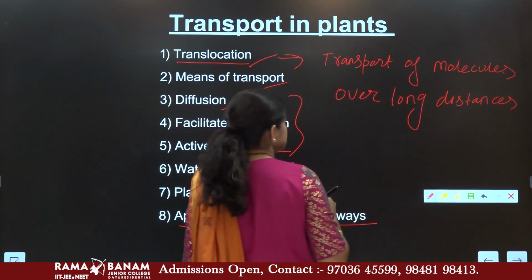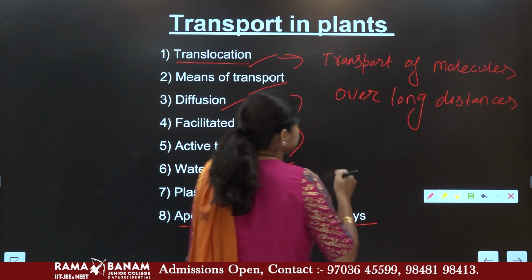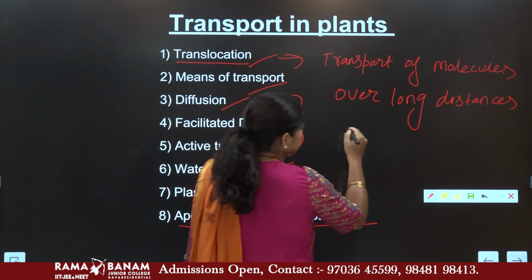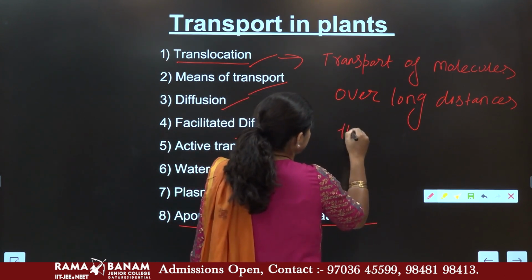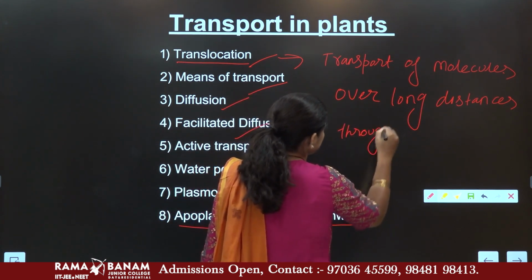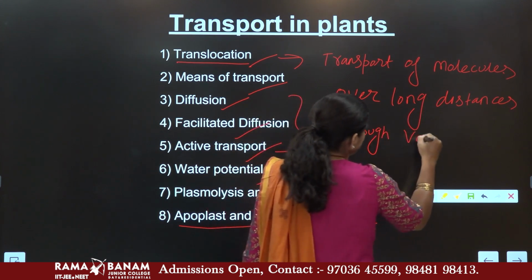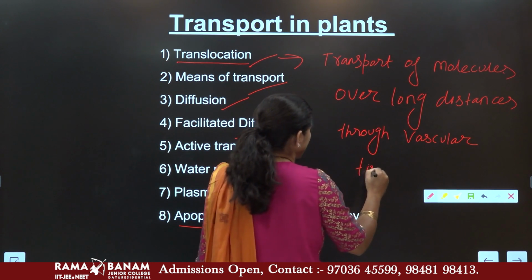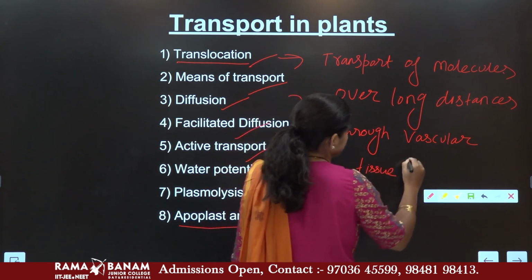And how is the transport of molecules happening over the long distance? It is happening through the vascular tissues, that is also called the vascular bundle.